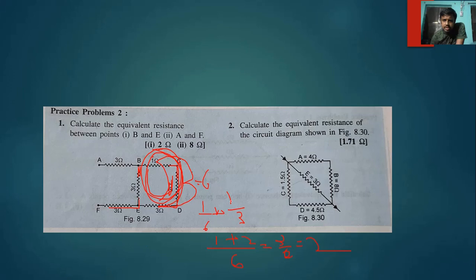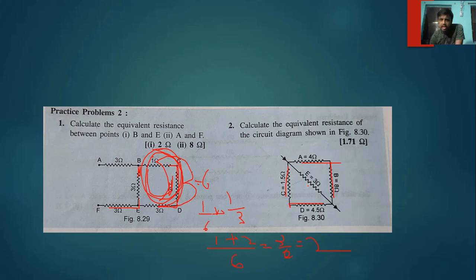In this diagram, let's see, 4 and 8. These are in series as they are connected end to end. Now tell me, C and D, are they in series or parallel? They are in series. They are connected end to end. Now one thing is, this is series, this is series.